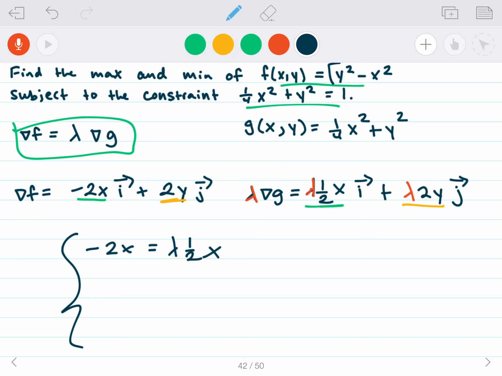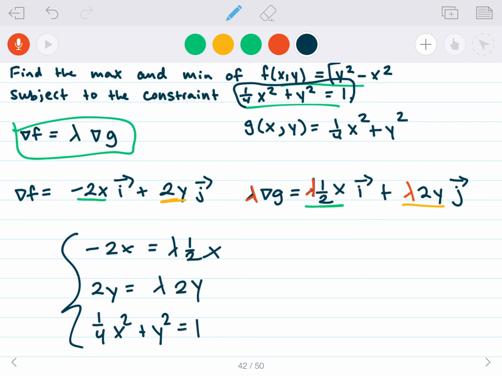The j spot, we have 2y equals lambda 2y. And finally, my constraint is this one: a fourth x squared plus y squared is equal to 1. Okay, so we got 3 equations, 3 unknowns.